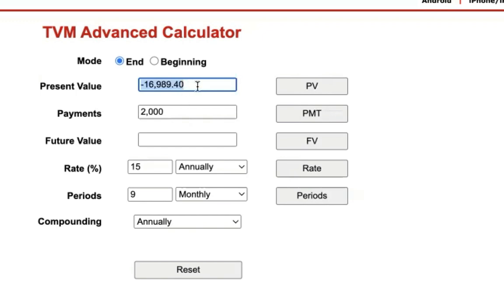So, for example, George says, okay, how about paying me 16,800 for this? O, di ba? So, can I say yes? Kasi 16,989 dapat. Now, he's paying for it for 16,800.